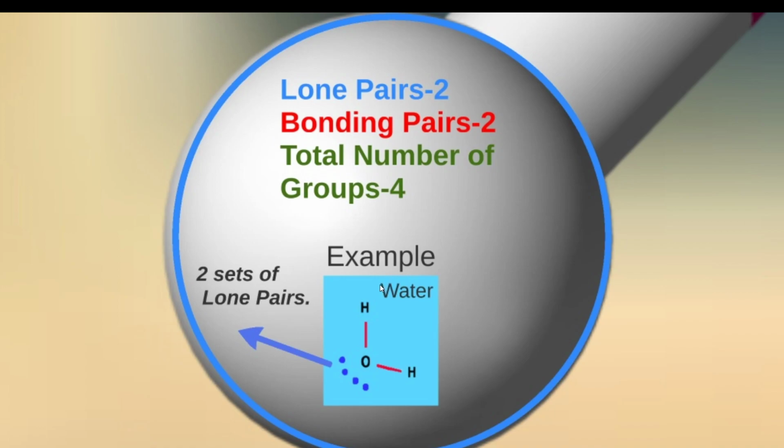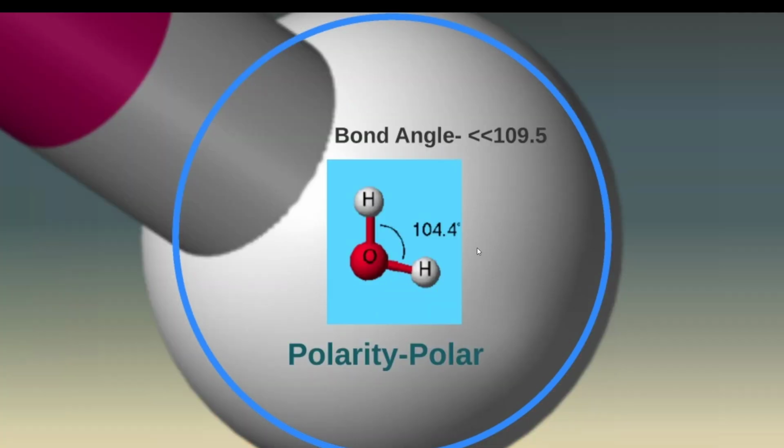And because it's just electrons and they have no protons to help spread them out from another atom, they're pushing down even more. So this is an example of a water molecule, and water ends up having a bond angle of 104.4. This is for bond angles less than 109. This one is definitely polar.